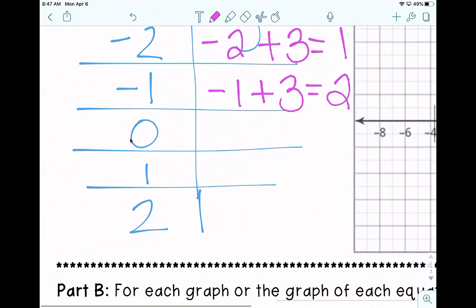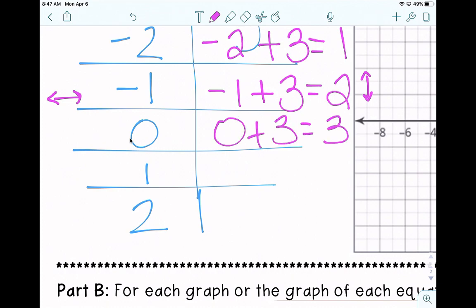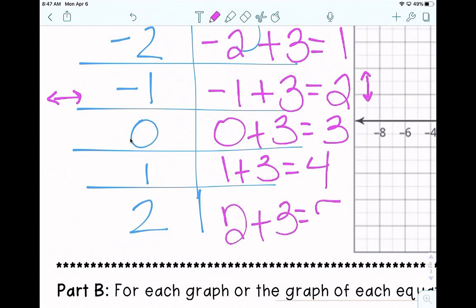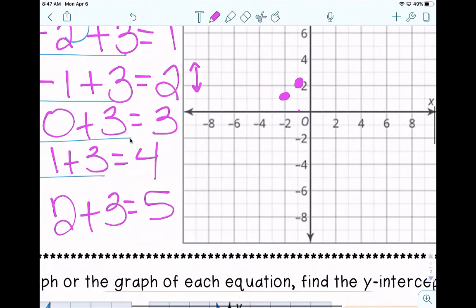We always go side to side first, and then up and down. So it's 0. 0 plus 3 gives me 3. 1 plus 3 gives me 4. 2 plus 3 gives me 5. So I have (0, 3), (1, 4), (2, 5).